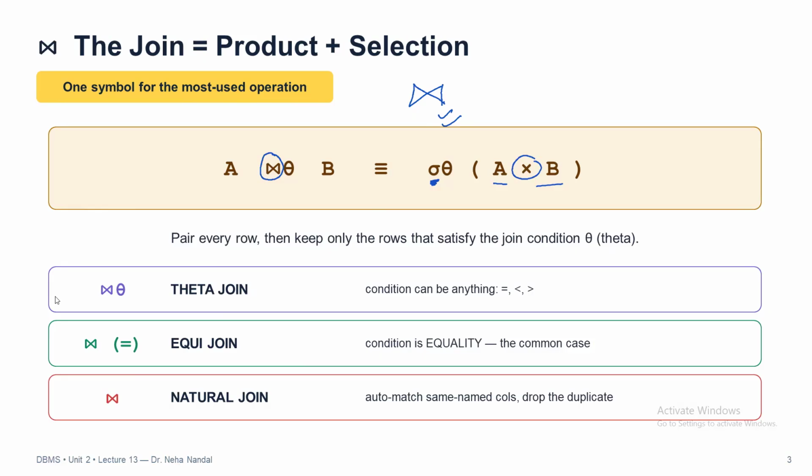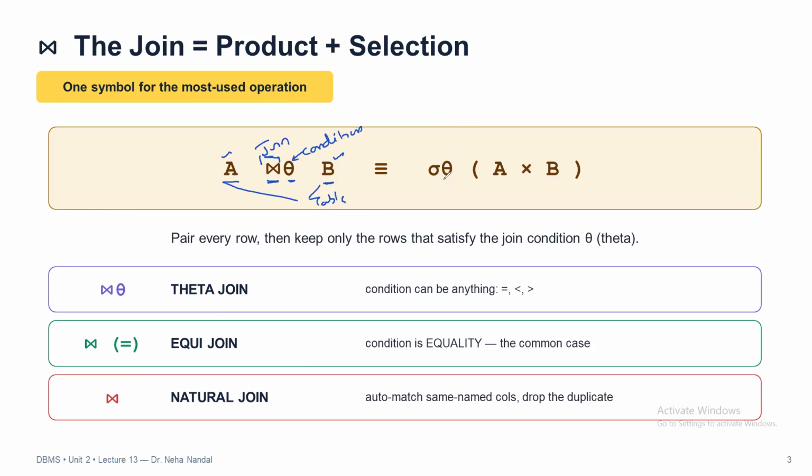Let us read this together. A join theta B. Theta is for condition. A and B are tables. This part is the join and this part is the condition.